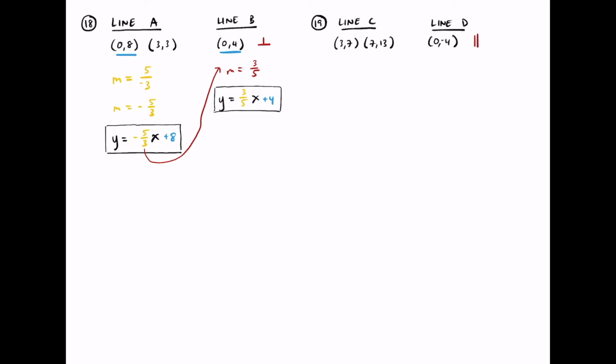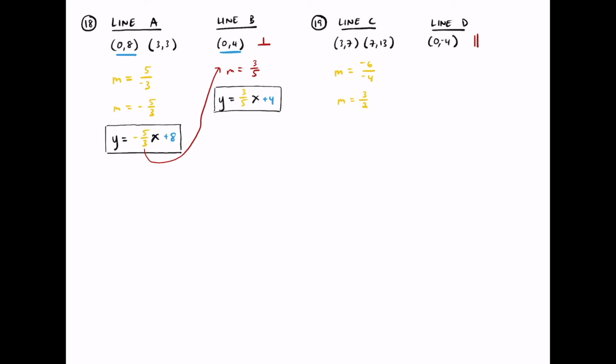Okay, so for line C, let's find the slope. What's the difference of the y? 7 minus 13 is going to be negative 6. And then 3 minus 7 is going to be negative 4. So negative 6 over negative 4 is just positive 3 over 2. And so what do we have to do here? Well, actually, we don't need to find the whole equation for line C because they don't ask us for that.